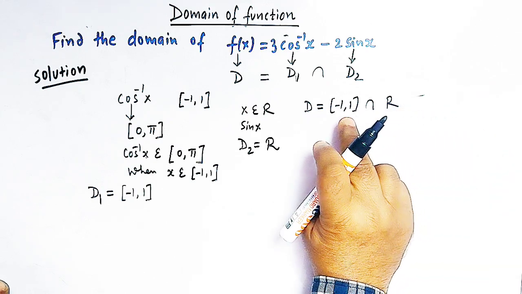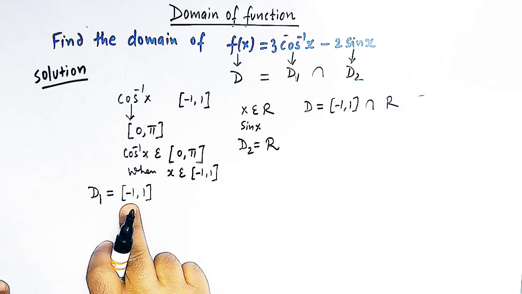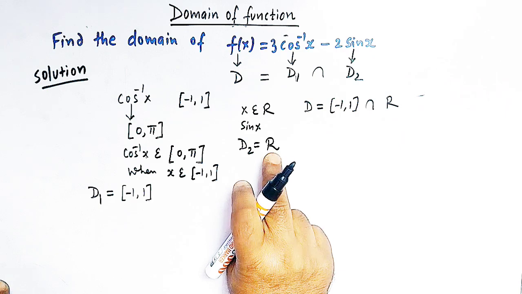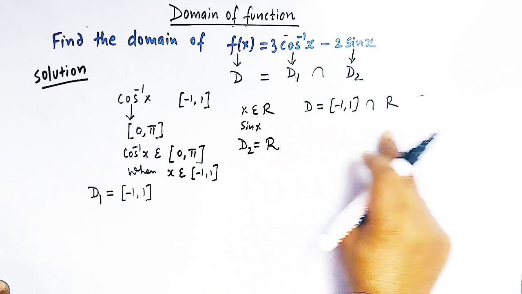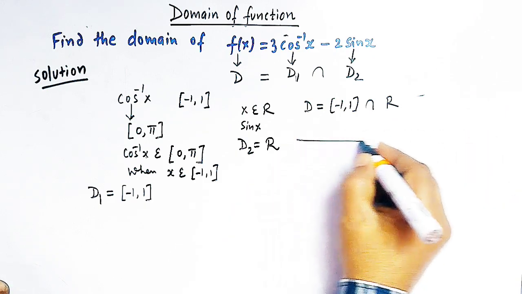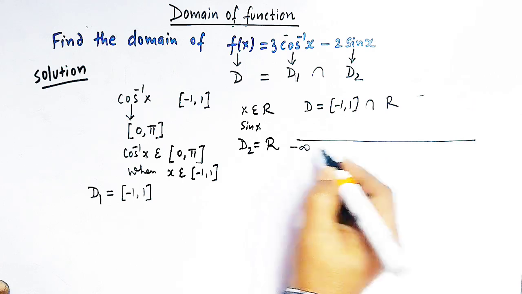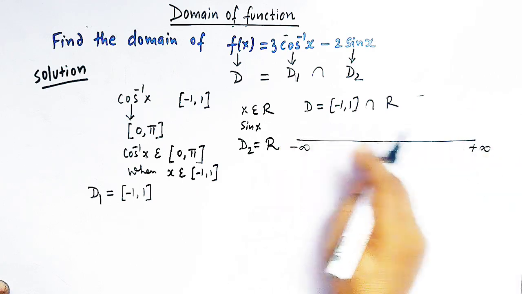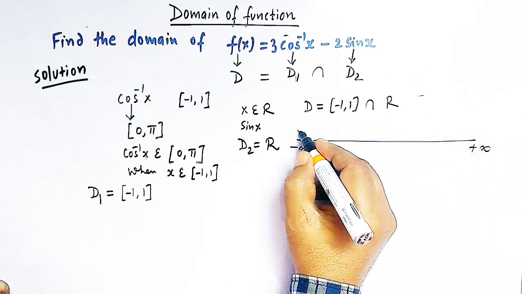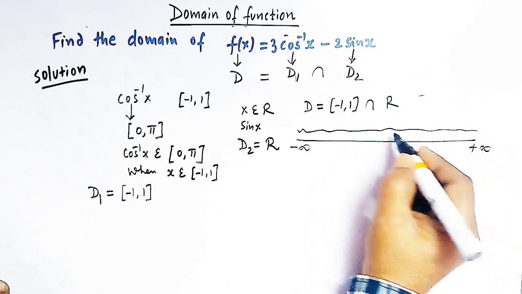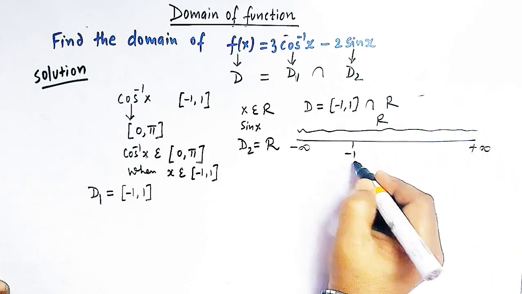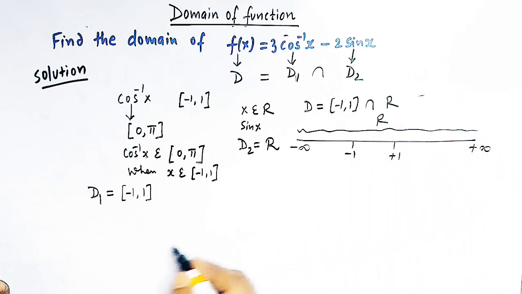So let us visualize this interval and the domain r on the real number line. So here we have the real number line, and this entire real number line is given by this r, right? And here we have -1 and here we have +1.